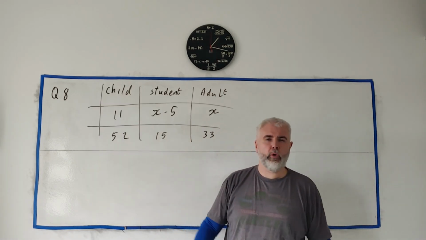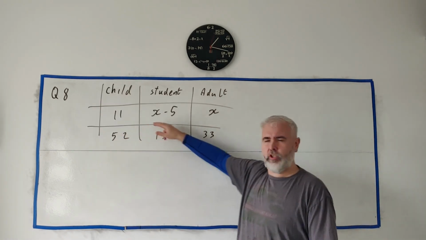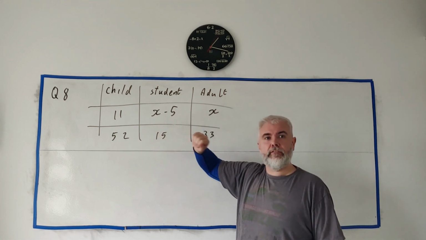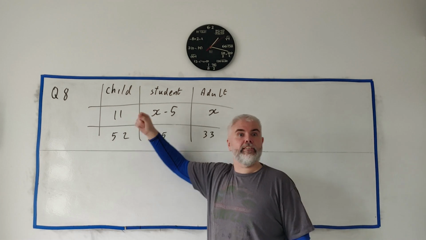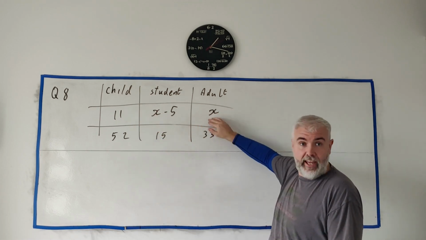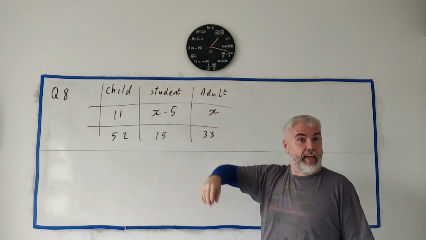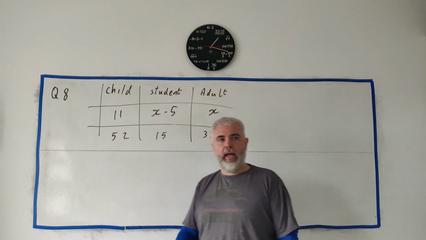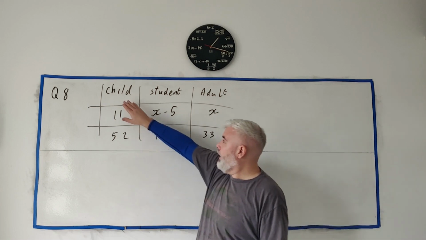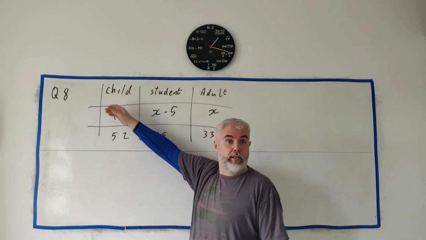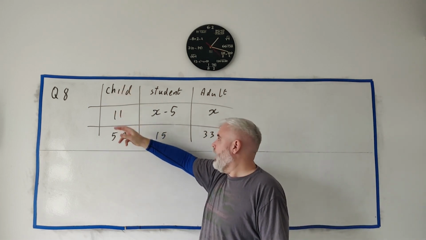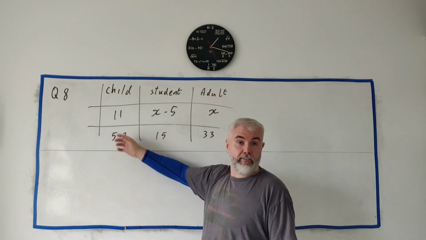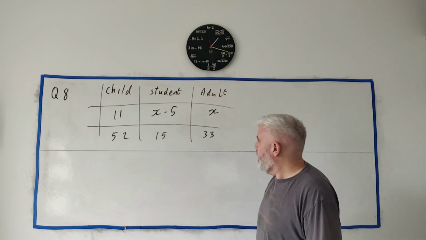In part E, we're given this table here. I've took the liberty to change this middle bit. They say €5 less than the adult ticket. The adult ticket is X, €5 less than X is X minus 5. So that's the only change I've made here. To explain this table, we have a child will pay €11, and of all the tickets they sell, 52% of the tickets are children tickets.